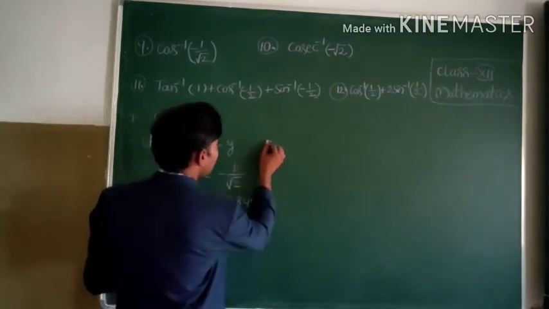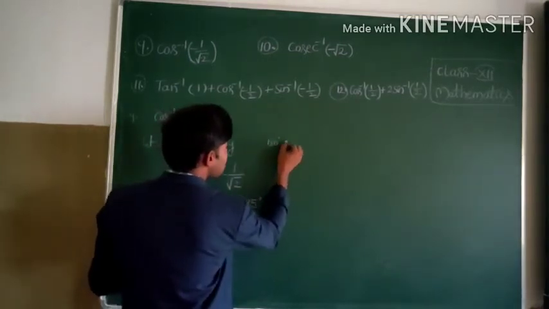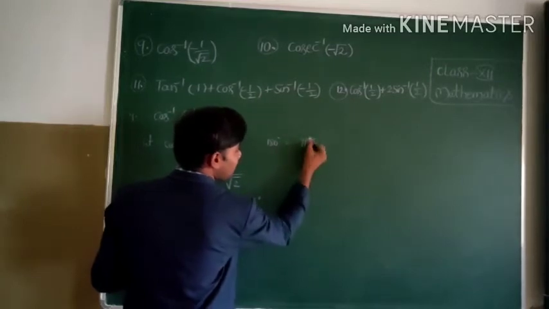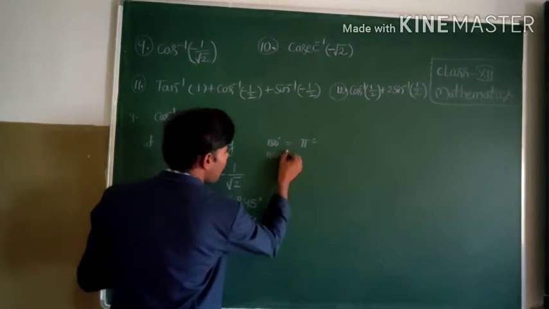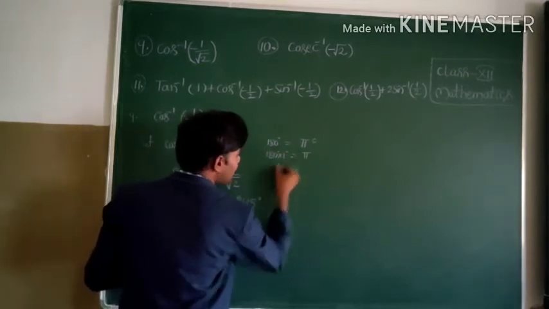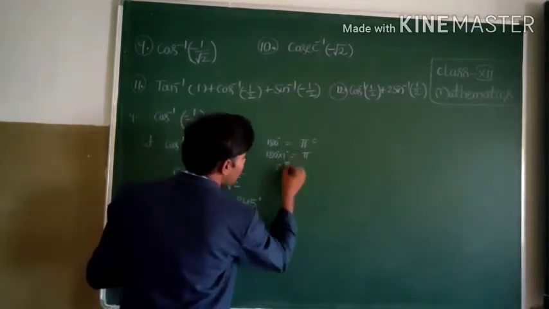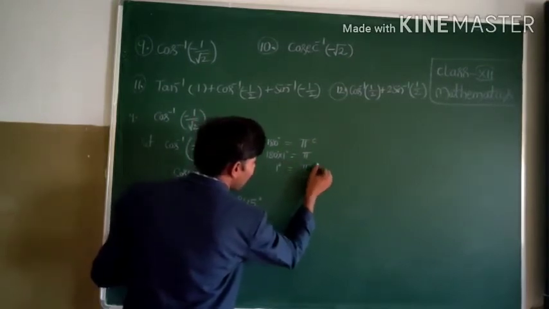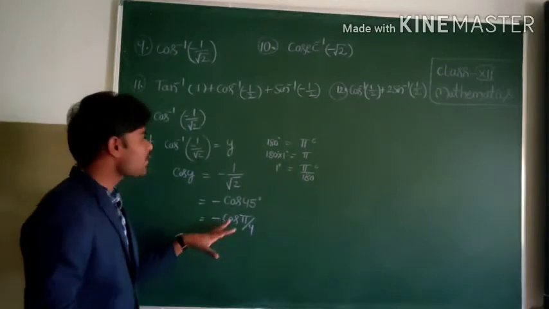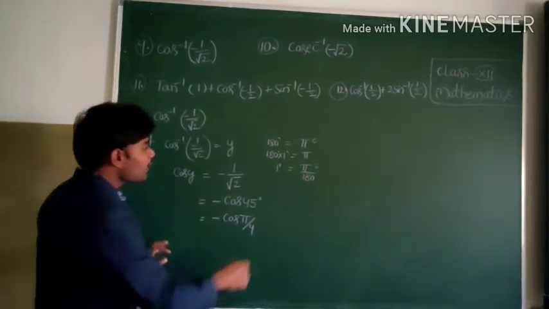So let's see how we can convert 45 degrees into radians. Generally you know 180 degrees is equal to pi radians, right? So 180 into 1 degree is equal to pi. Then 1 degree is equal to pi by 180 radians. Radians is the measure of a trigonometric angle.